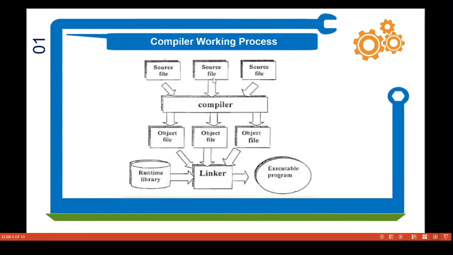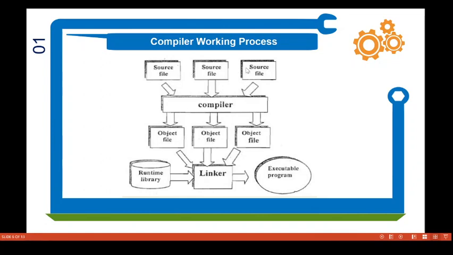This is the continuation of the compiler. How does a compiler work? This is the working process of a compiler. You see a compiler, and these are the source files, which are the high-level languages, and these are the object files, which is the machine language. So a compiler can accept high-level languages like Java, C++, and compile them, which is translate this code into machine code, so that the machine can understand the language, because a machine can only understand binary numbers.